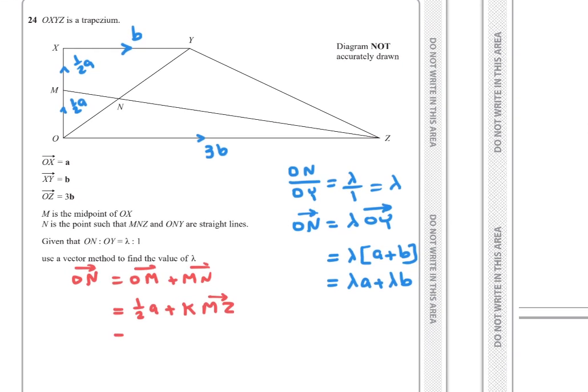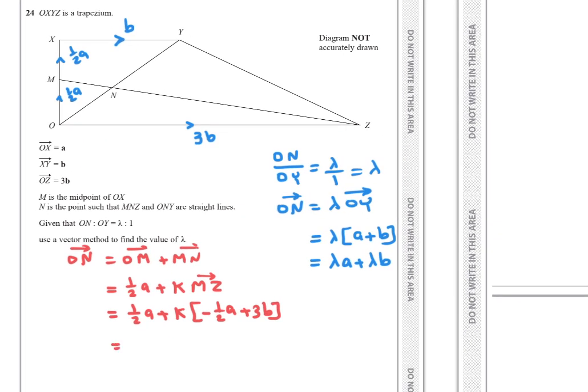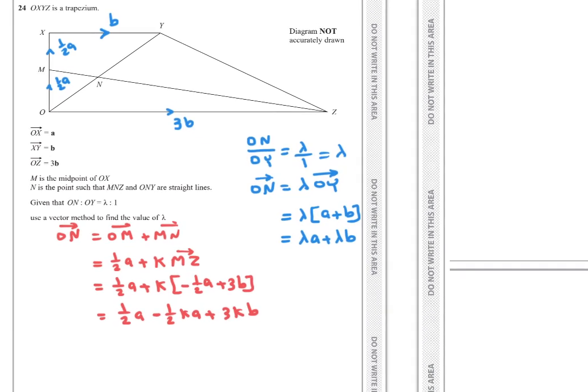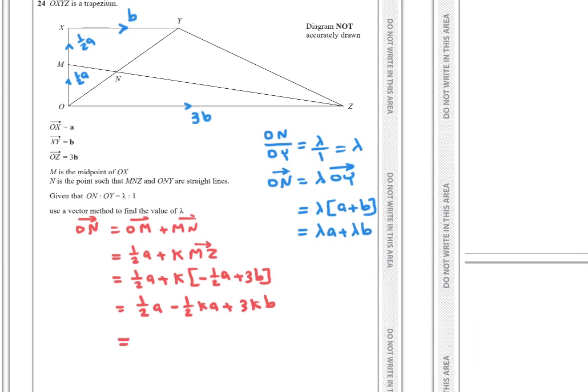So we can rewrite MZ as negative half a plus 3b. Now expand. So half a, plus k times negative half a, so negative half ka, plus 3kb. We can take a common: (half minus half k) into a, plus 3kb.